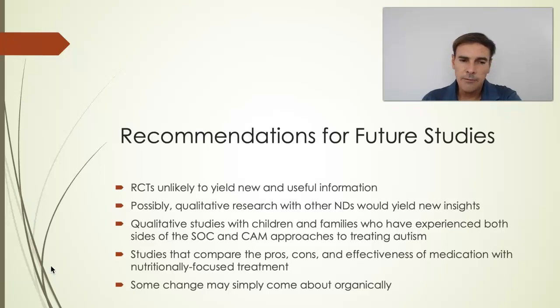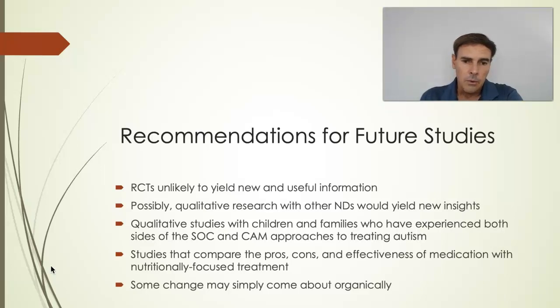randomized controlled trials are ever going to, I doubt, give us the answer to autism from the standard of care approach. I think qualitative research with other naturopathic physicians would be interesting, because they may have differences of opinion and different approaches, but they come from the same sort of model.